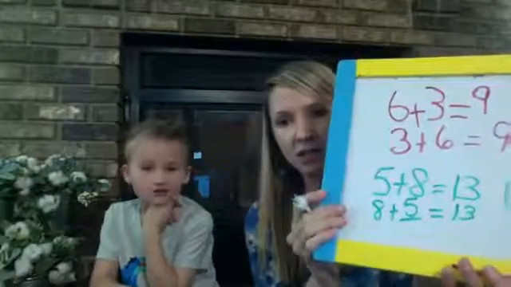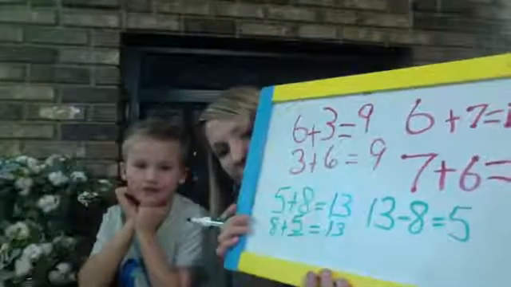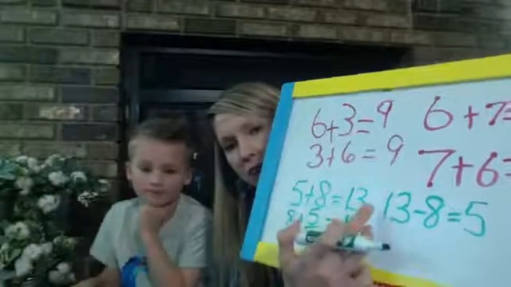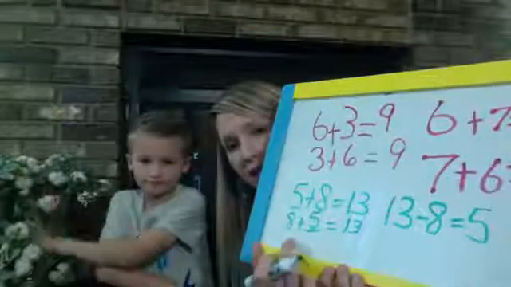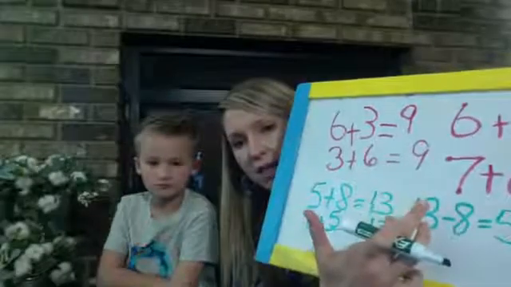And so then we find out the missing number. We find out the result is 5. Okay, 5. So I have 13. I knew that I had 8 over here. So I did 13, take away 8, and then I was left with 5.